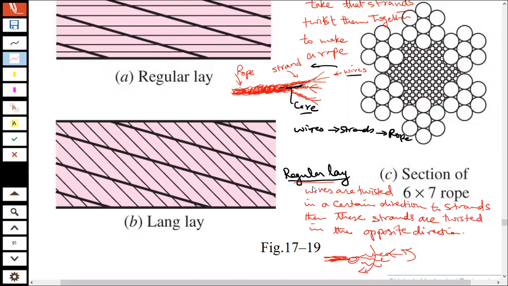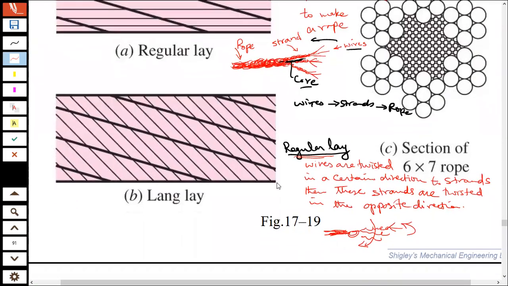Now regular lay ropes, these are frequently used. Similarly, the other one is also frequently used, and we will talk about those.